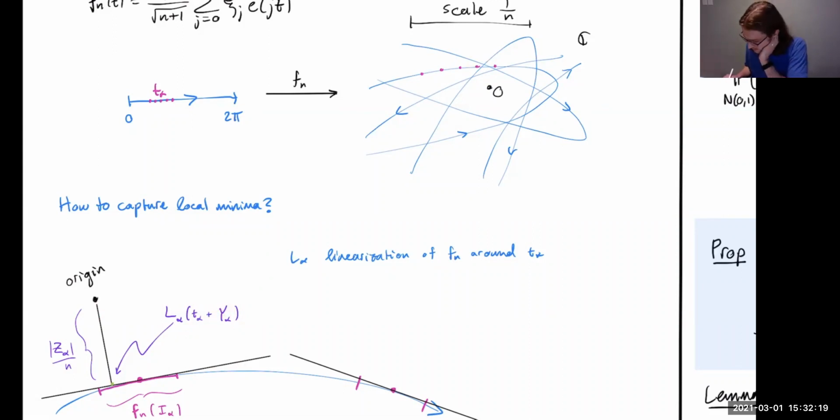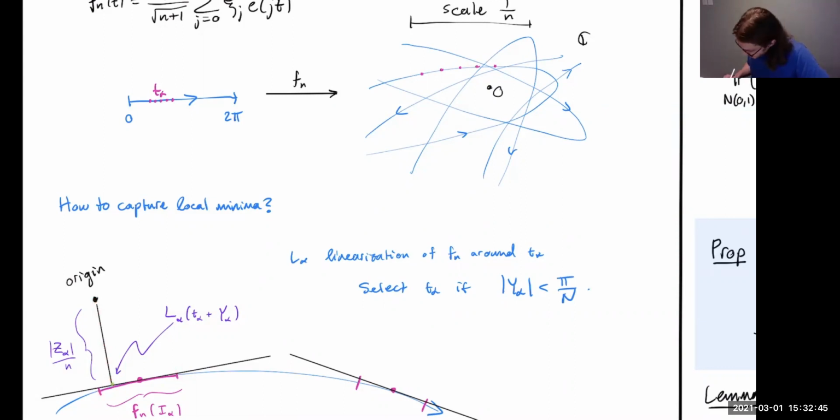So the criterion is, we select T alpha if Y alpha is smaller than pi over capital N. And what that means is that when you drop this perpendicular, it's within these bounds here.